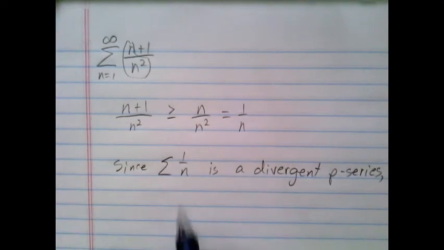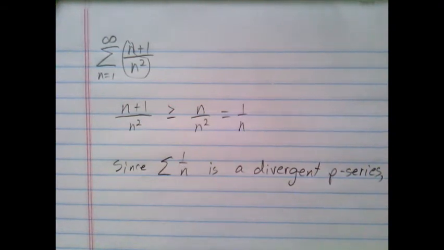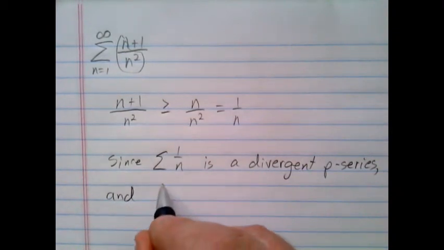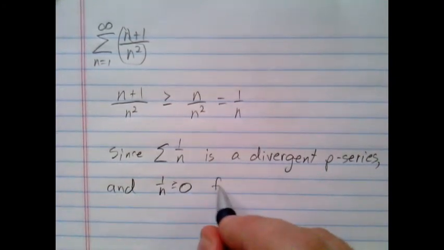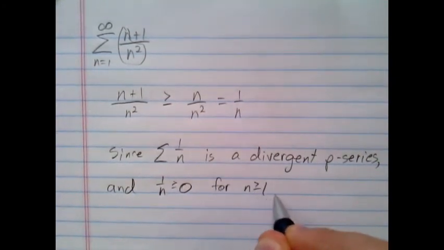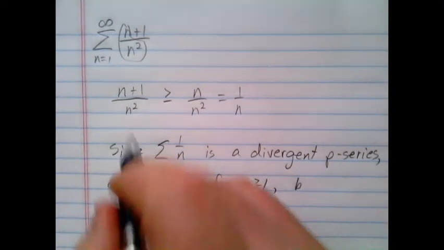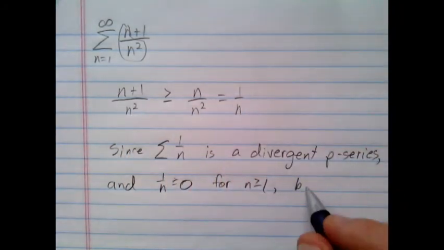Now I still need to verify that my nth term of whichever series is smaller. In this case it'll actually be the p-series that I'm checking out. I need to confirm that that is smaller. So since this is a divergent p-series and 1 over n is in fact greater than or equal to 0 for n greater than or equal to 1, we've already established that our nth term is bigger than or equal to the nth term of our divergent p-series.